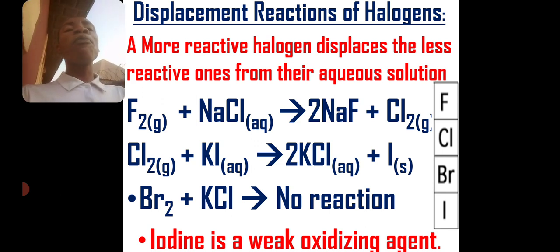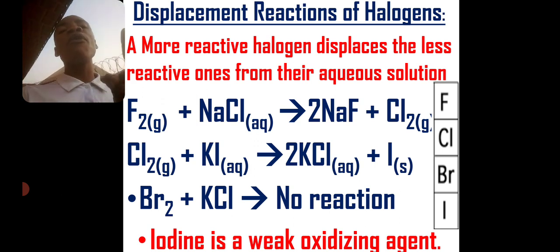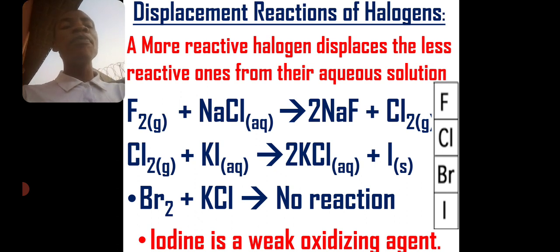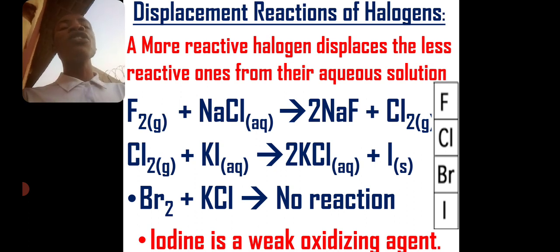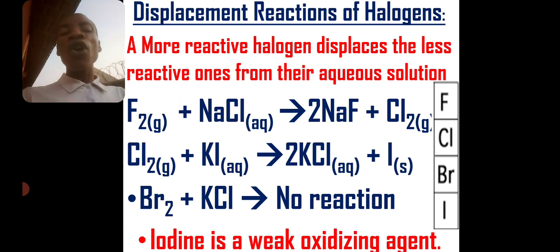For example, fluorine can react with sodium chloride and displace the chlorine to give us sodium fluoride and chlorine gas. Chlorine can also displace iodine and bromine, because chlorine is more reactive than the two of them.